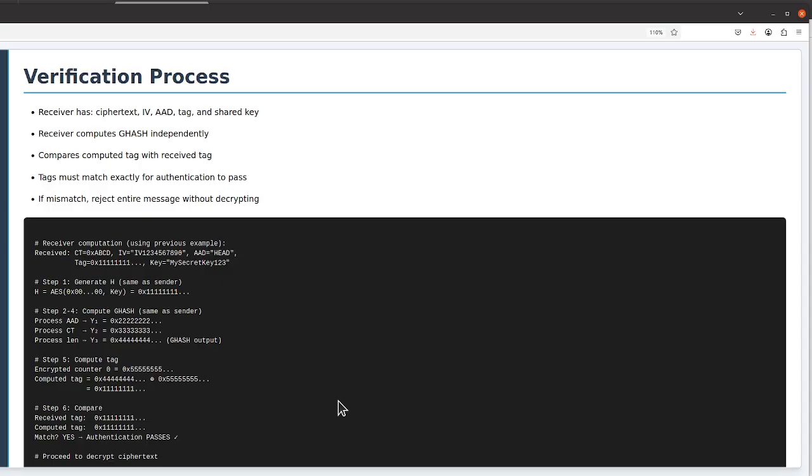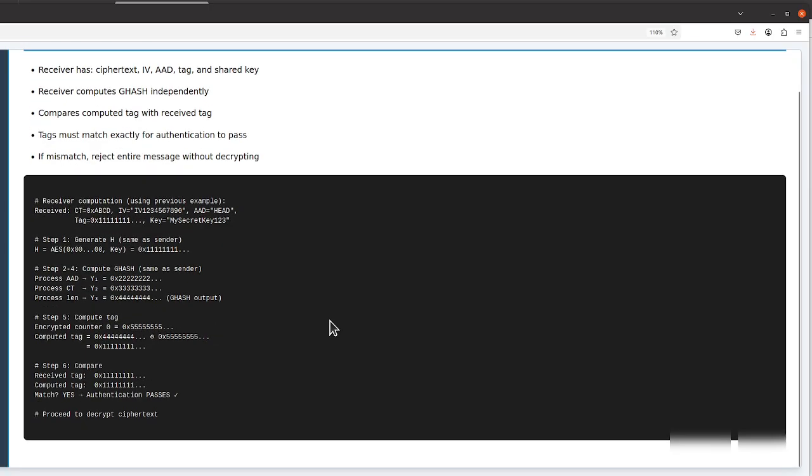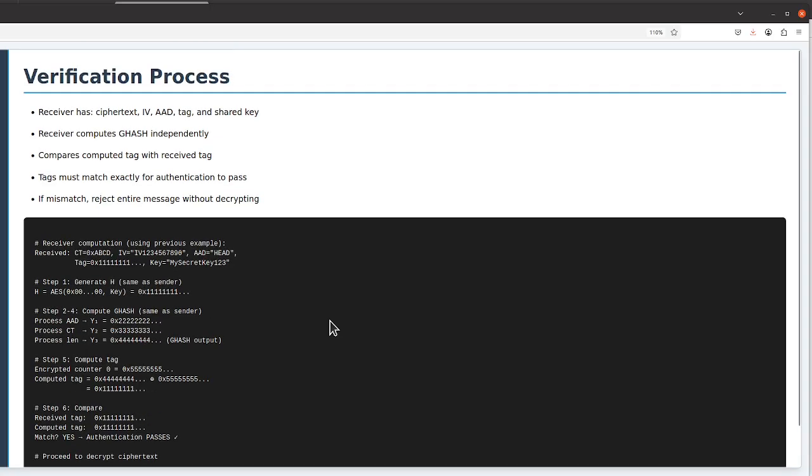Same as sender. Step 3. Process received ciphertext 0xABCD, which pads to 0xAB...00. Compute Y2 equals (Y1 XOR C1) times H equals 0x33...33, same as sender.